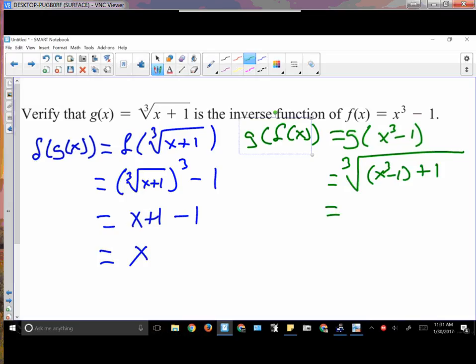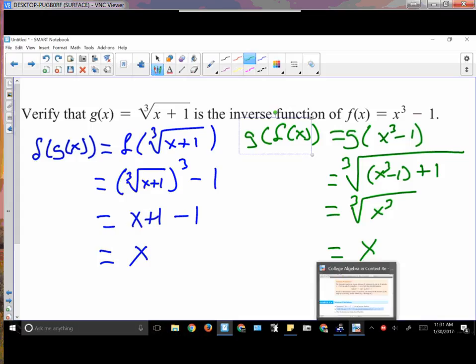If I simplify what's on the inside, I end up with the third root of x cubed. So if I take something to the third power and then take the third root of it, do I end up right back where I started from? The answer is yes. So I just verified that these two are inverses of each other. That's all I got to do.